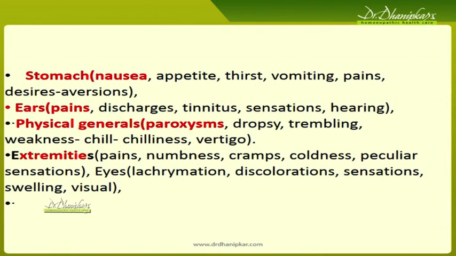Similarly, in the stomach, you can see the appetite, the thirst, the vomiting; in the ears, the pains, the tinnitus, the discharges. In physical generals, if there is trembling, weakness, vertigo during fever. In extremities, if there is numbness, cramps. In eyes, lacrimation, discoloration, sensation or swelling during fever.